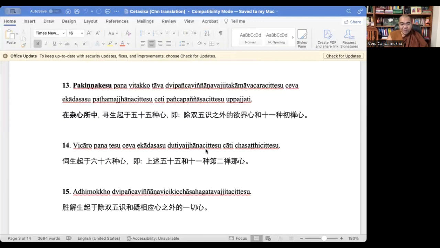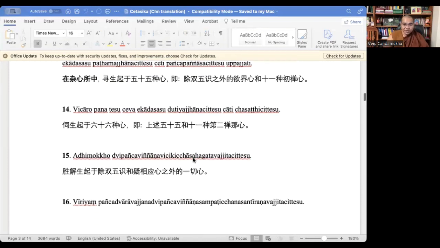So 55 plus 11, we get 66 consciousnesses. Vicara Cetasika associates with the 66 consciousnesses, and does not associate with the 55 consciousnesses. That way we remember how many associate and how many dissociate. In Vicara we have one method.